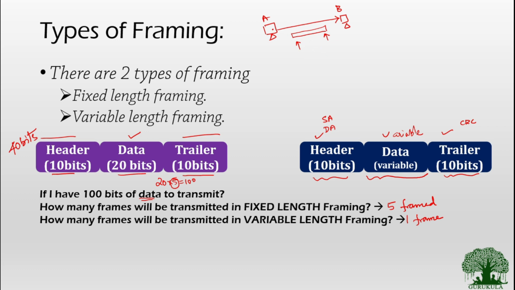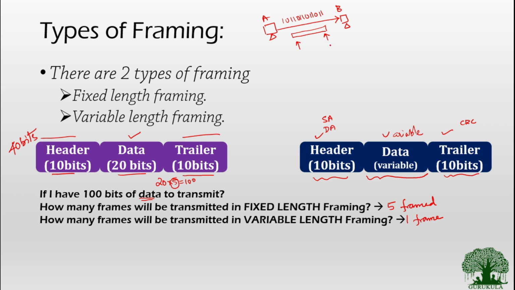As you all know, two systems communicate as a series of ones and zeros, so all the data we add in a frame is nothing but a series of ones and zeros. How will node B identify that the frame has started, and where will it identify that the frame has ended?